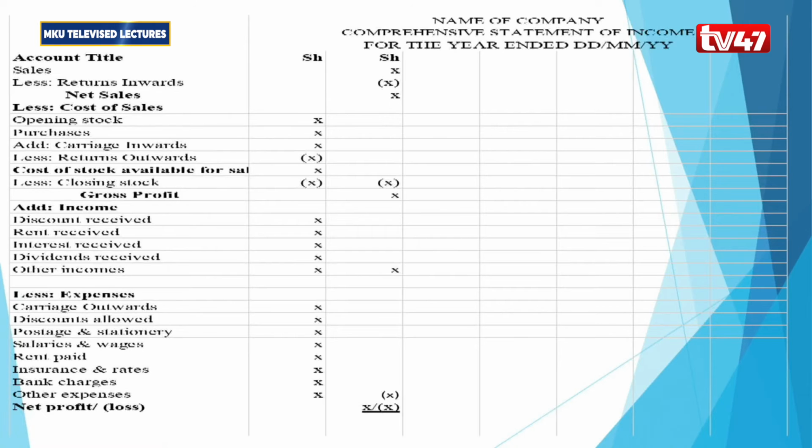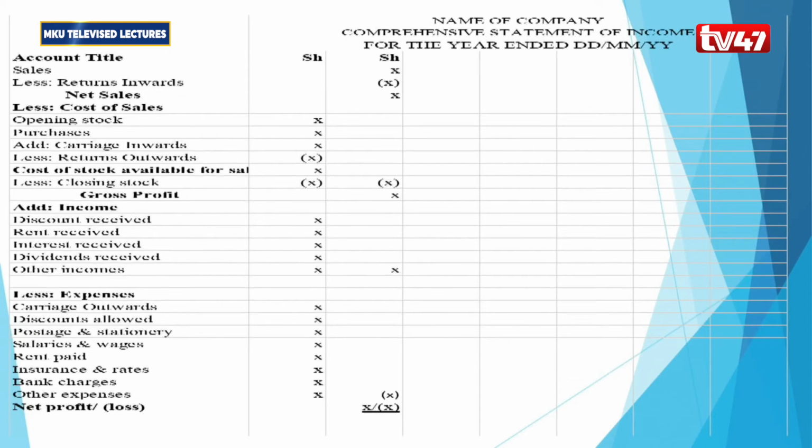Dividends received. You've probably acquired shares or stock from various public limited companies, say the companies that are on the Nairobi Securities Exchange. And so at the end of every trading period, there's that dividend that you receive.